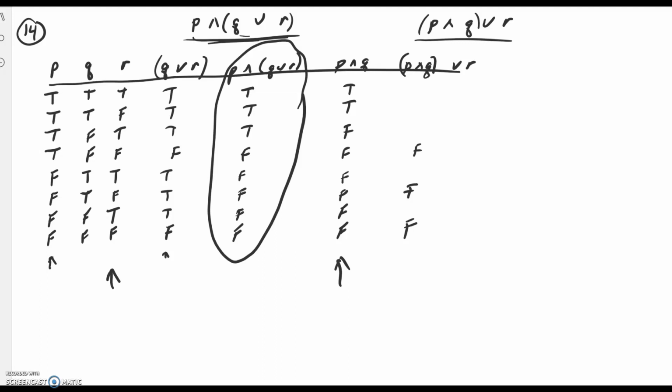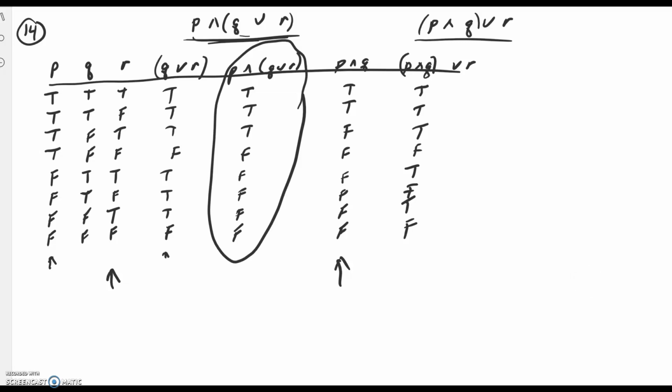Now I'm not at all sure about that. Somehow my brain is not seeing them well, so I'm going to double check. R and P and Q both true. R, one of them's true, R, one of them's true, R, one of them's true. So I think we have true, true, true, false, true, false, true, false.